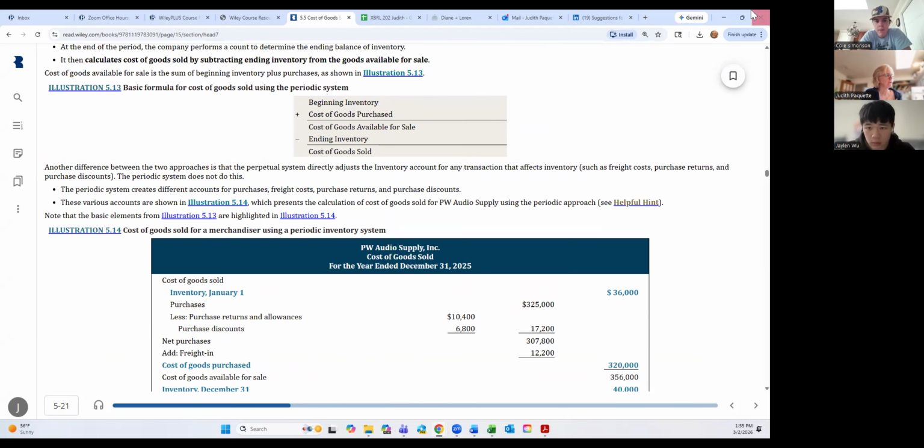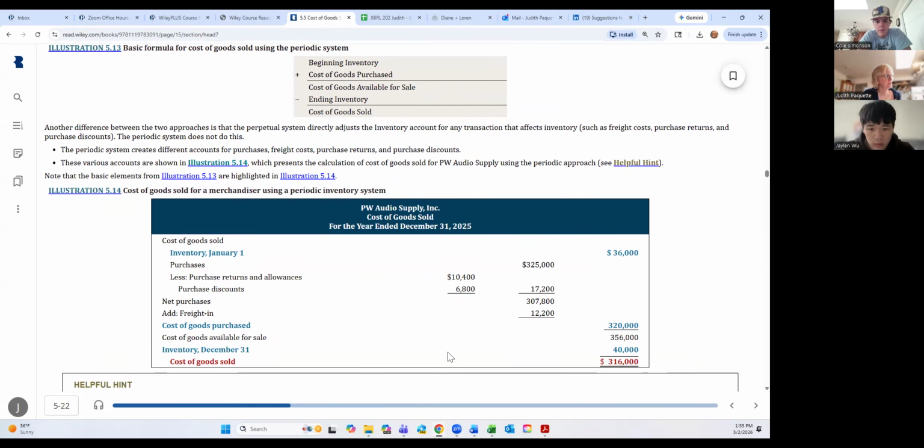This should feel a little bit like the supplies account. You had cost of goods sold, and you're calculating it. You start with beginning inventory. You make purchases, that's an add. And then down at the end, you subtract your current inventory.